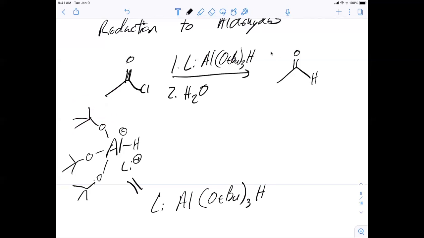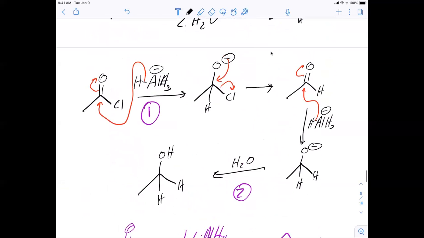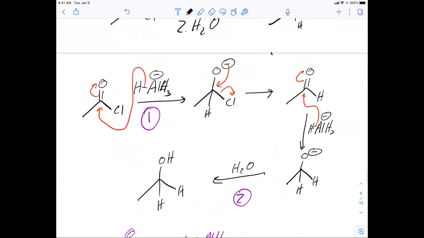Okay, so other questions about this one? Mechanism is the same. It's just that whenever it gets to the aldehyde, this special reagent is not reactive with the aldehyde, so therefore I can stop, right? So I do the first 2 steps and then it just stops.